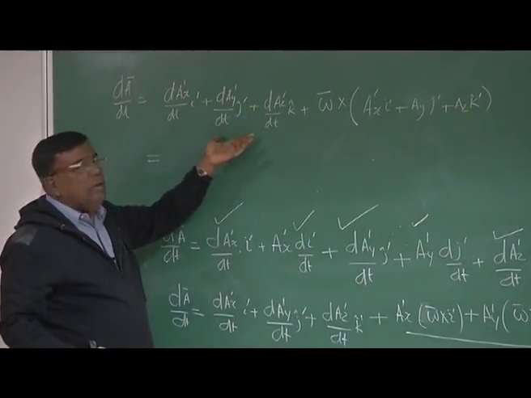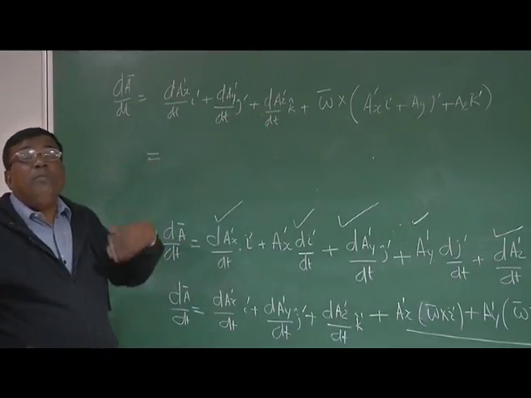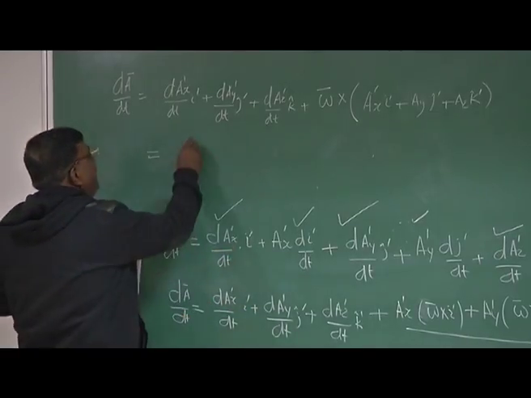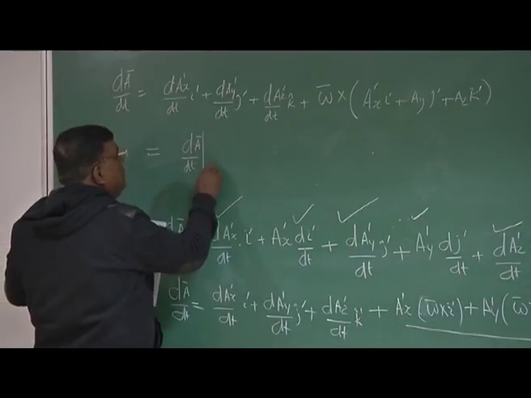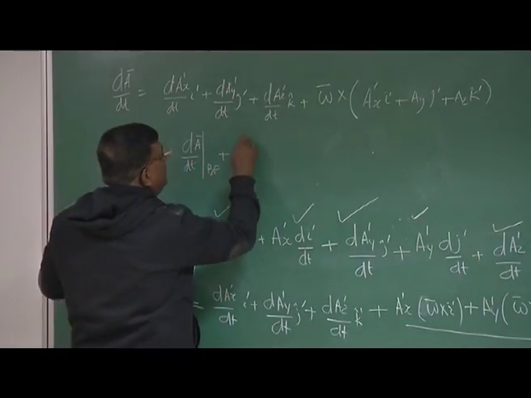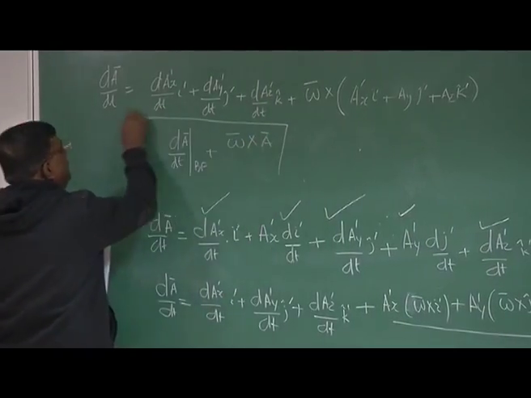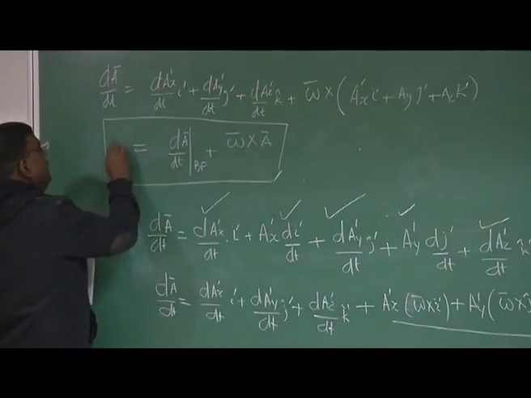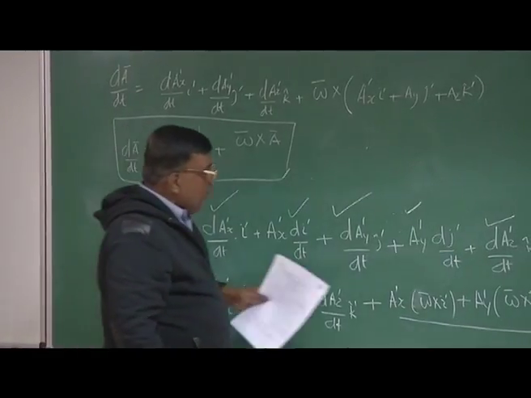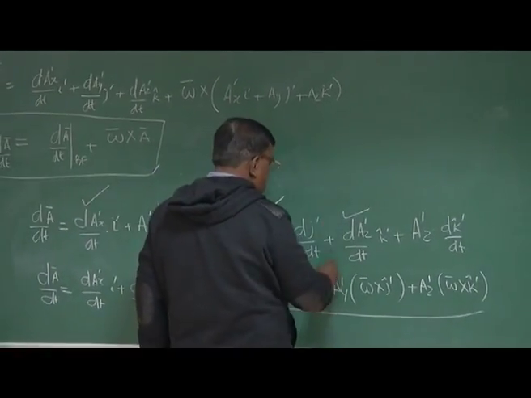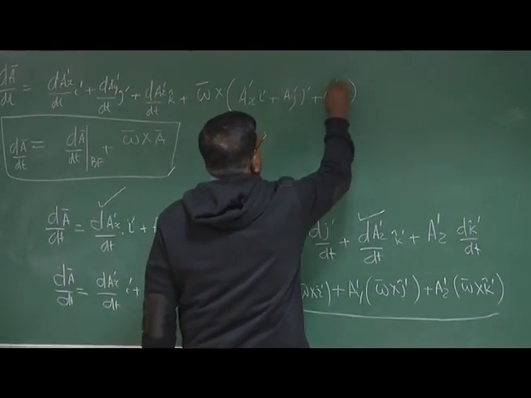So you are operating in the body frame now, because Ax prime, Ay prime, Az prime were with respect to the body axes. So I write dA by dt in the body frame, and very simply, this is omega cross A. So this is equal to your dA by dt. You may have a question, when I take omega common, you see Ax prime, Ay prime, Az prime.